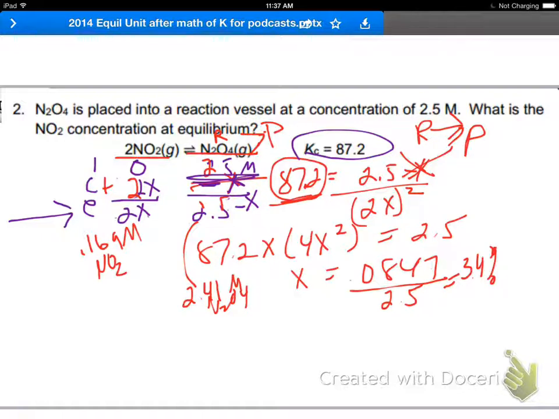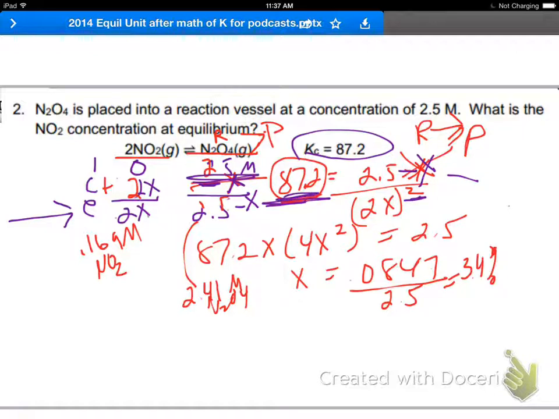So if I write my expression, the Kc is equal to 2.5 minus x for my product over 2x squared due to the coefficient, right? Now, I look at this and I say, can I eliminate that x? My K is huge, right?